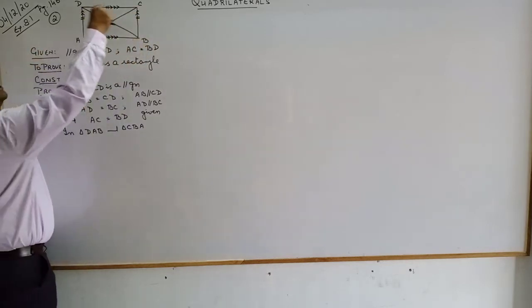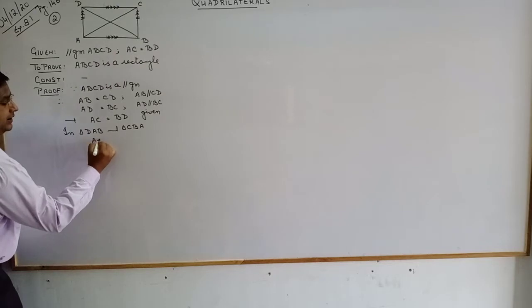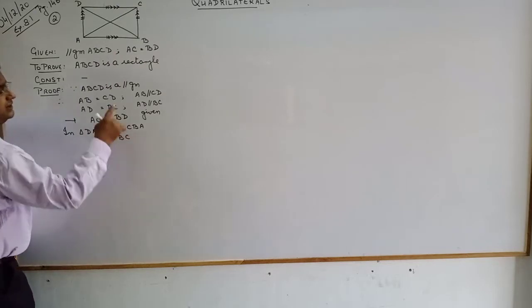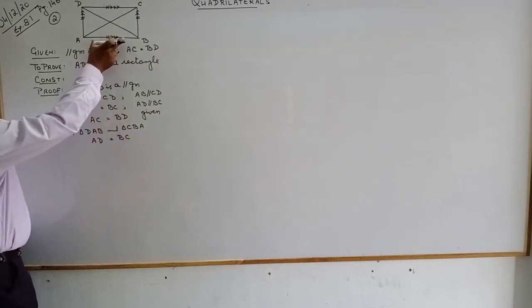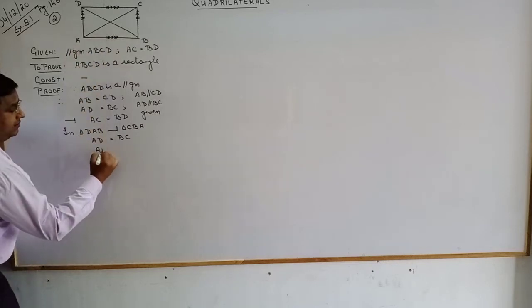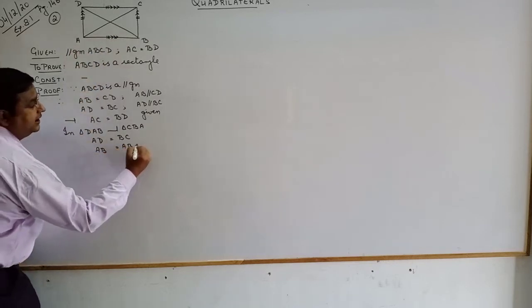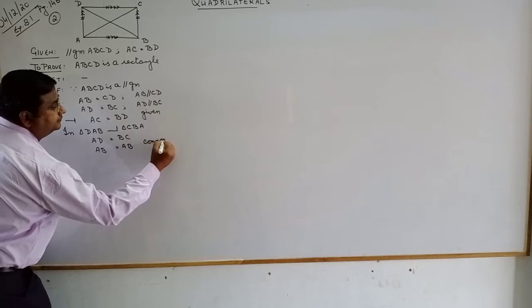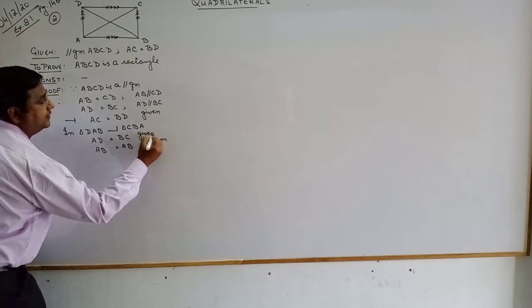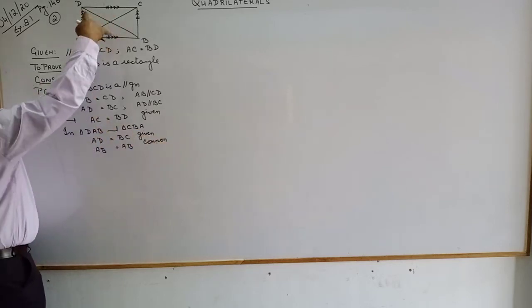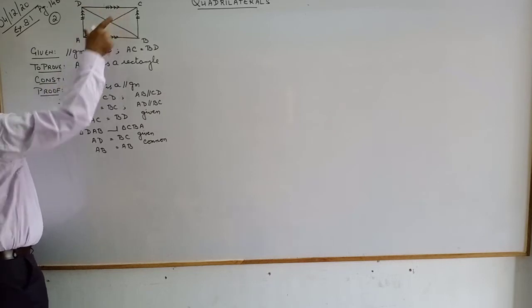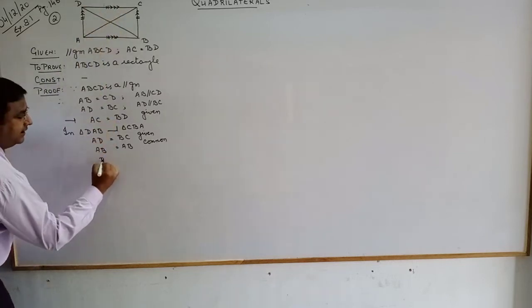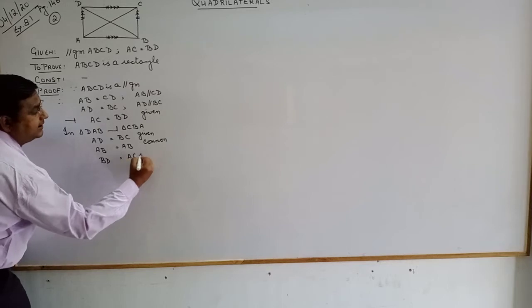Can you see AD is equal to BC? AD is equal to BC, given to us. Can you see this side AB common? AB is equal to AB, that is common. And is the diagonal BD equal to diagonal AC? That is also given. Diagonal BD is equal to diagonal AC.